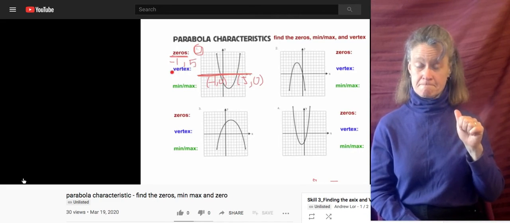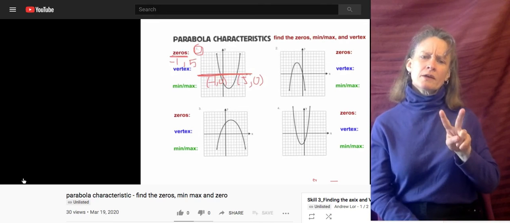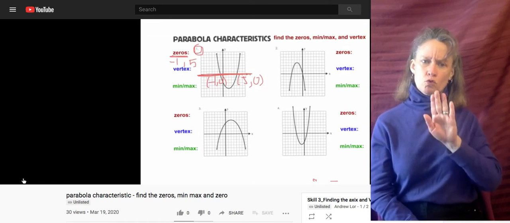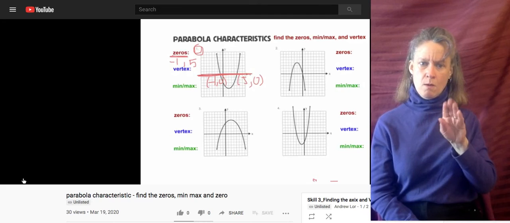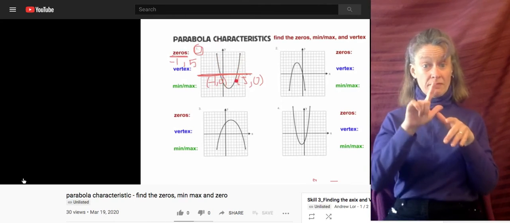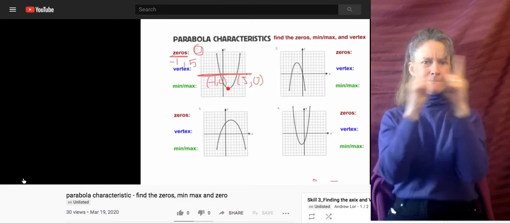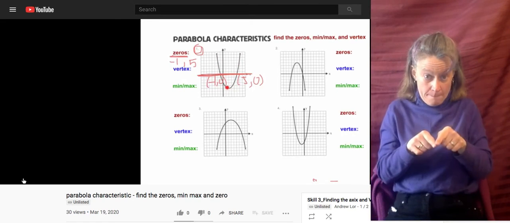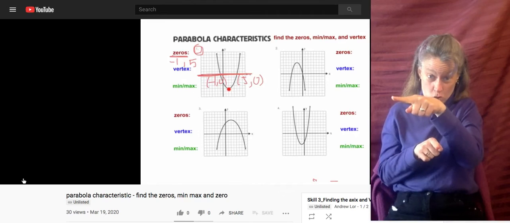To find the vertex of your parabola, you're going to have to look at your parabola and find where the left side of your graph and the right side of your graph meet. It looks like they meet right here. At this coordinate, that will be your vertex.